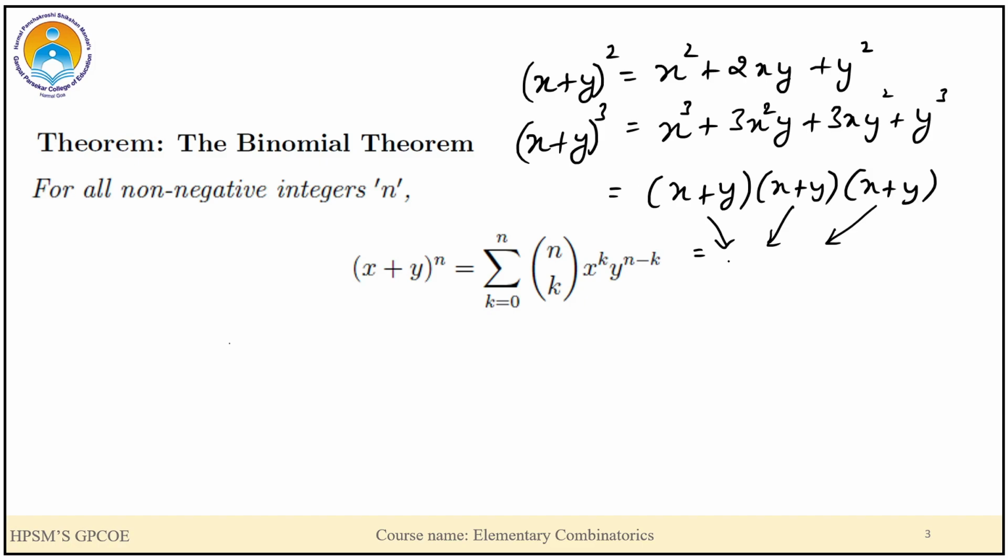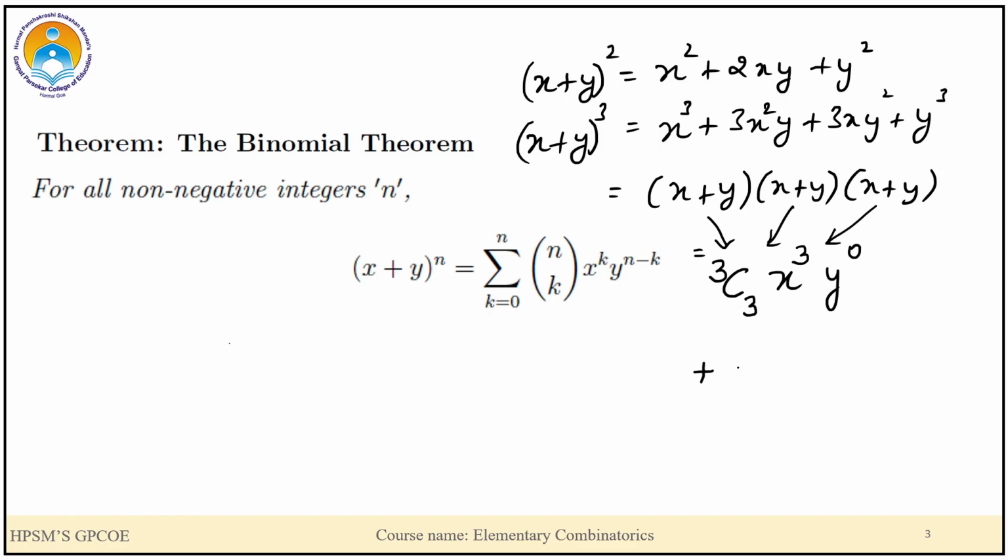So from three parentheses, I can choose one x each, which means it becomes 3C3. I need to choose 3 x's. x raised to 3 and no y's, y raised to 0. This is the only way in which I can produce the x cubed term.